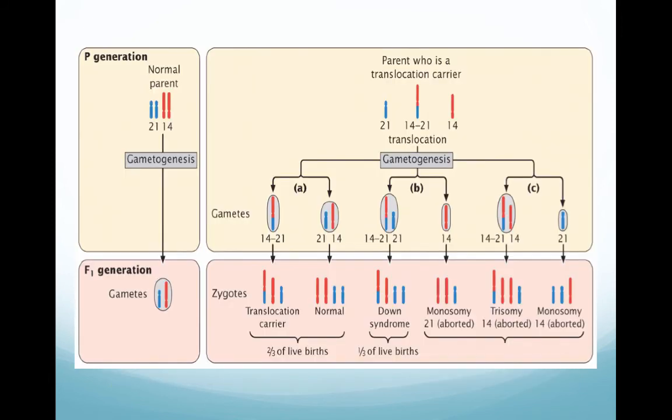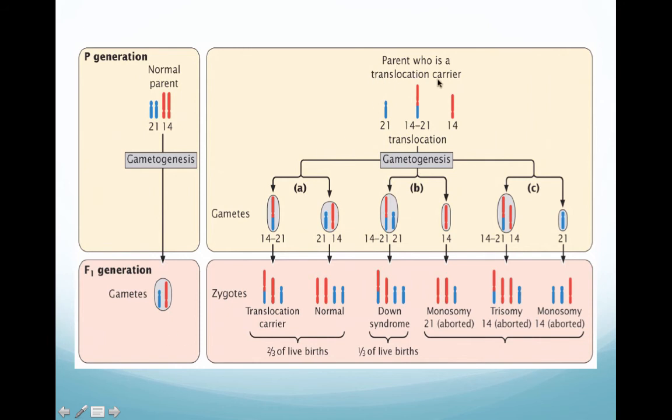So the way that Down syndrome actually occurs is shown in this graphic. Okay, so we've got the P generation, or the parent generation, at the top. That is going to be in the yellow, and we've got the F1 generation, or the generation of offspring, below.